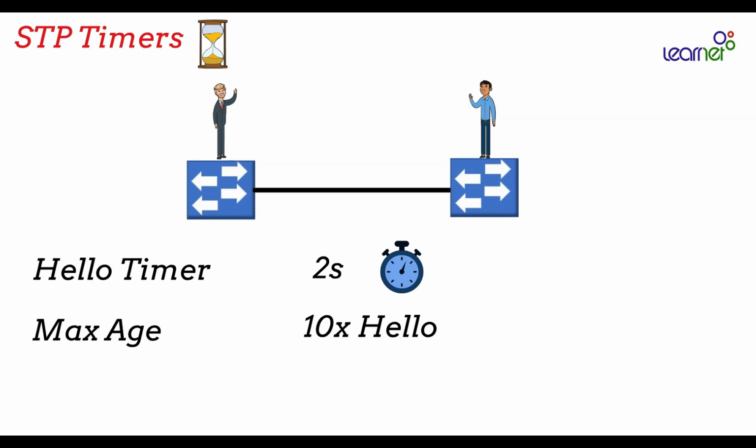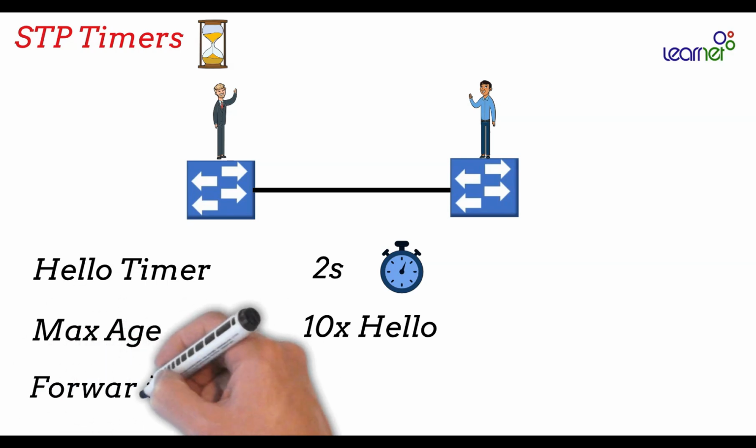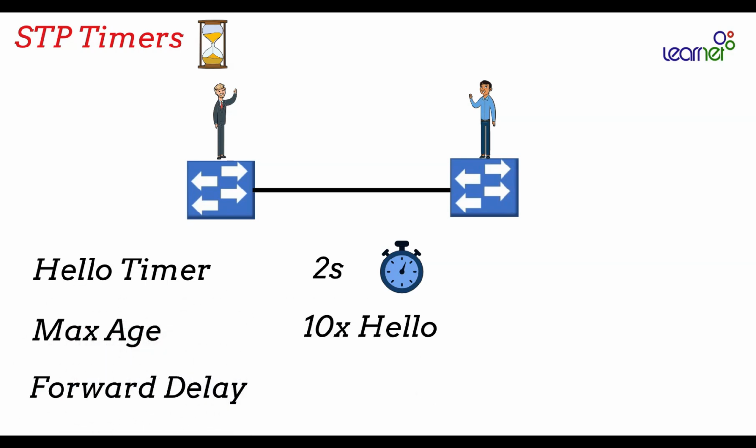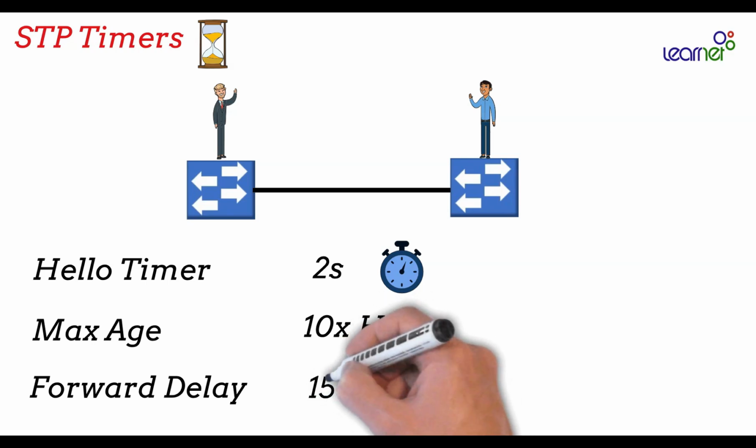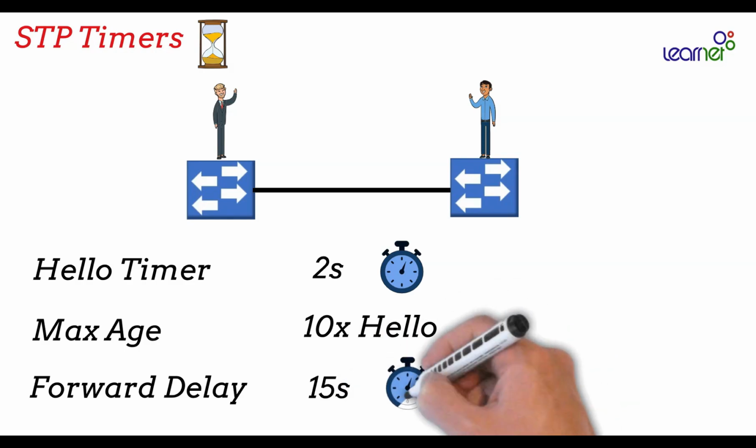However, RSTP has trimmed this to 3 times. So for RSTP, it's 6 seconds. Forward delay denotes the period during which a switch remains in listening and learning states as part of the transitional process. The default value for forward delay is 15 seconds.